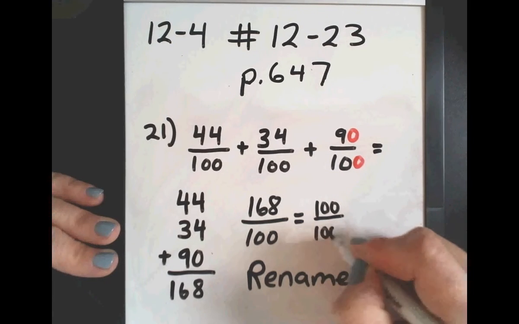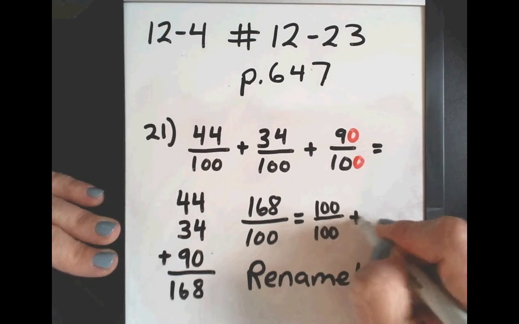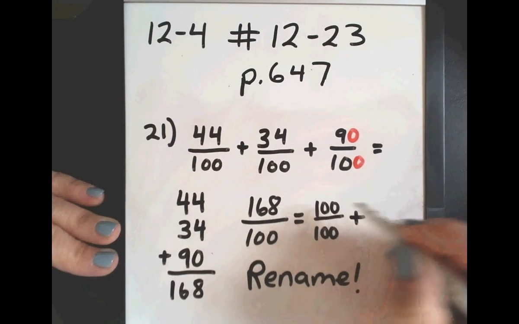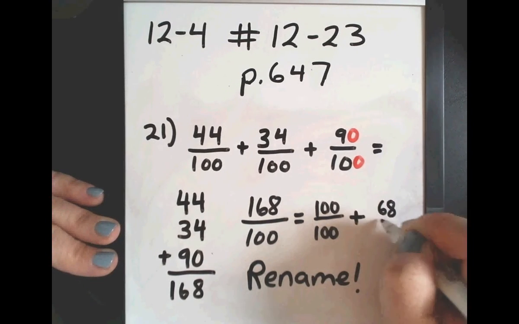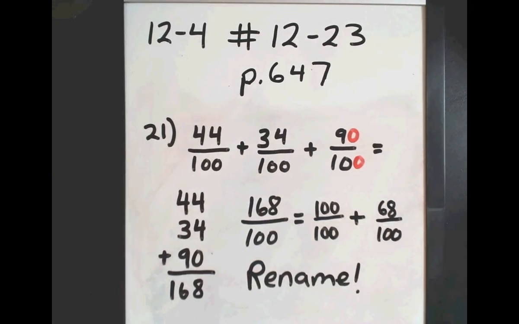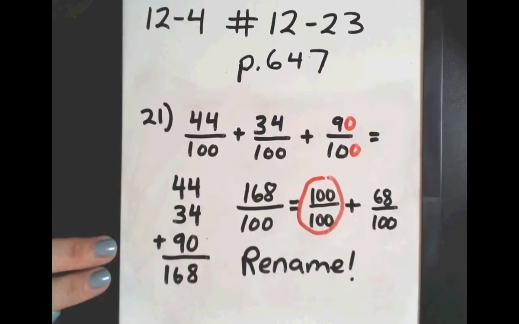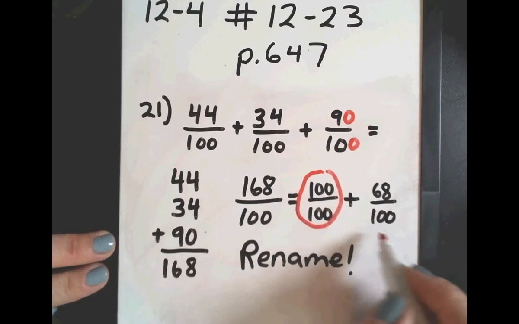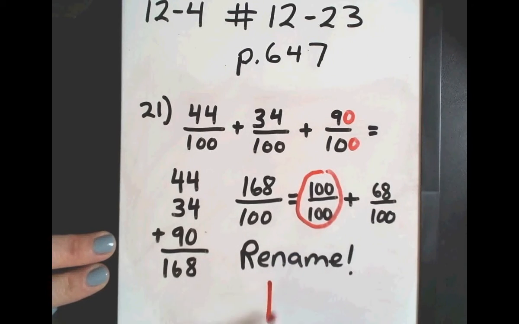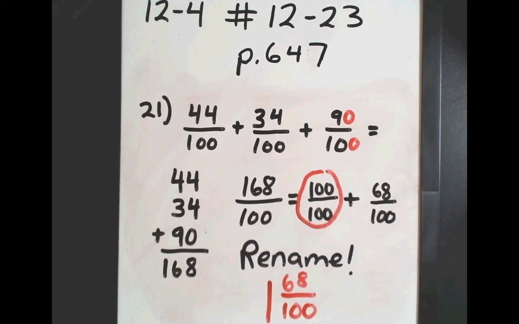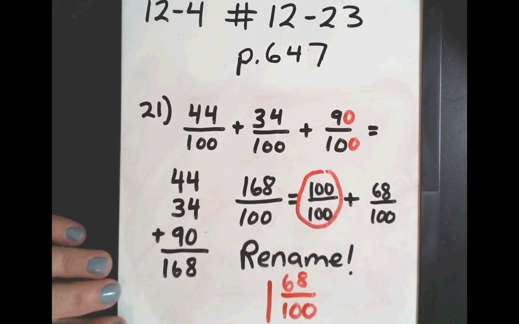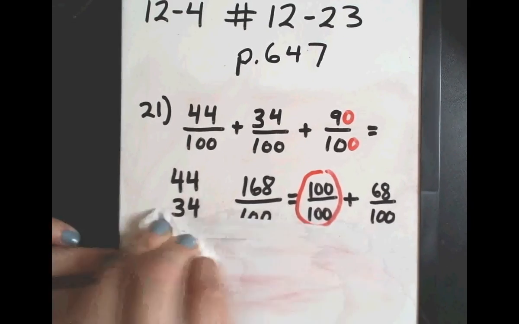So I'm going to write that as 100 100ths because that makes one whole, plus 168 minus 100 leaves me with 68 hundredths. So then I'm going to circle because that makes one whole. So my answer, which I'll write down here, is 1 whole and 68 hundredths. Okay, so number 21 is 1 and 68 hundredths.